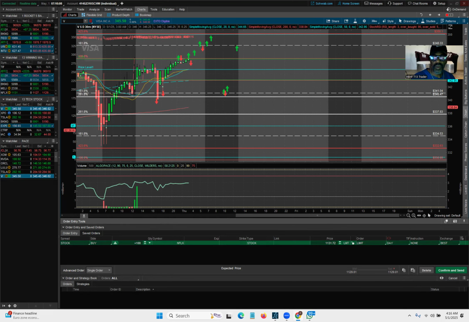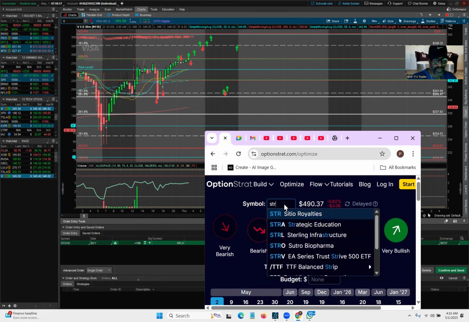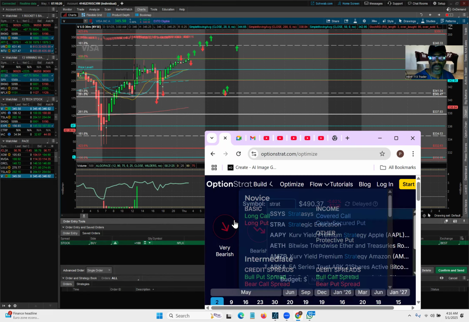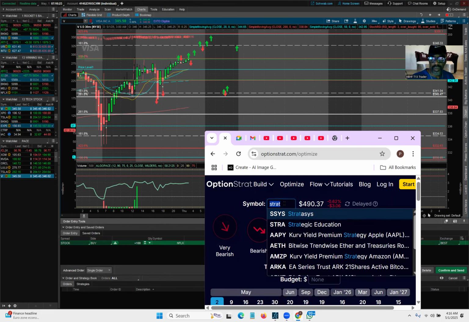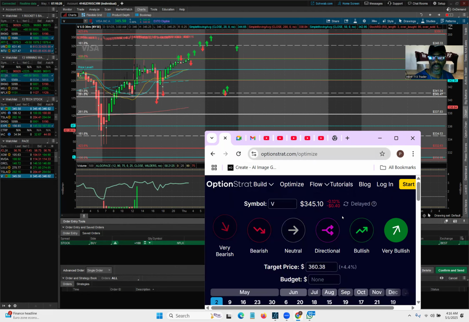Okay. We're looking at Visa, symbol V. But in Visa, we know that it must open up and hold support in pre-market, market and aftermarket, hold support above 345 and start creating a new high.